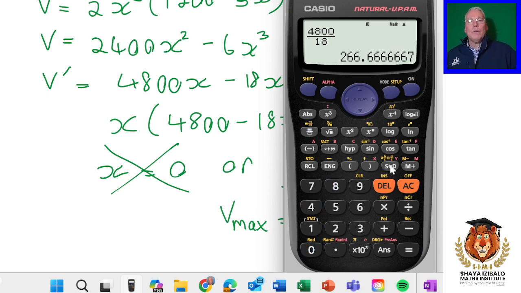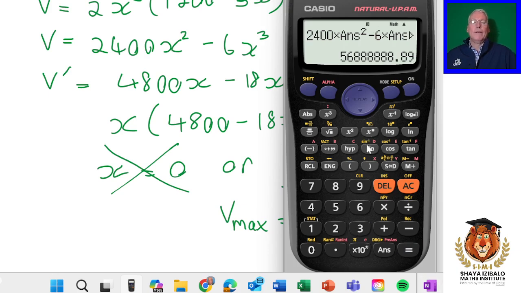And we want to now use that value in this formula here. So 2400 times answer squared minus 6 times our answer cubed.